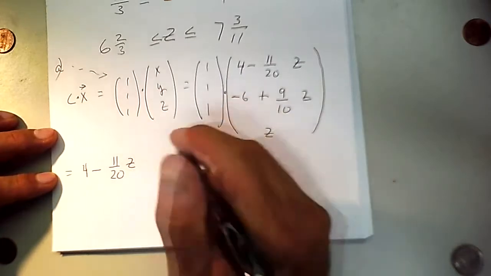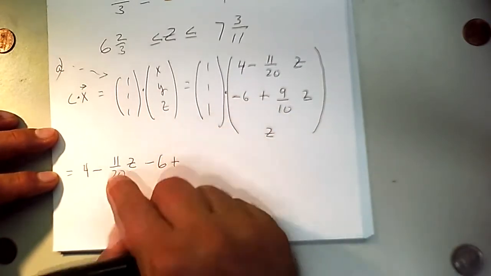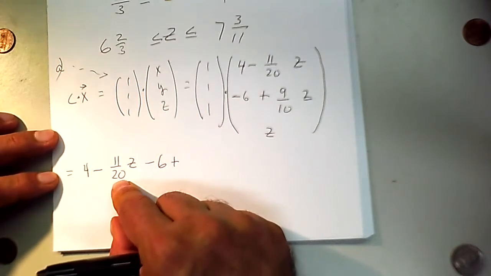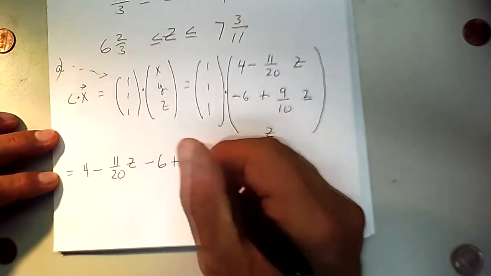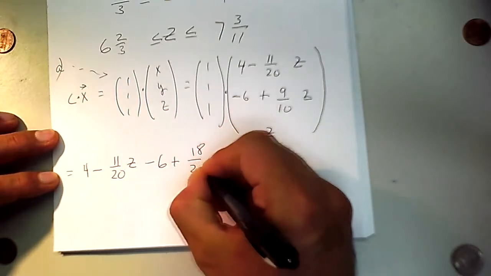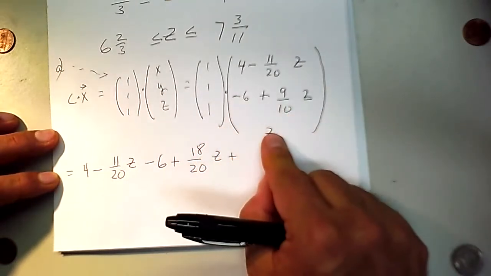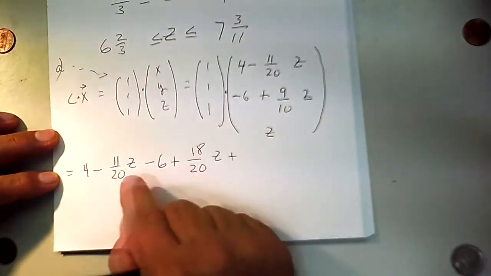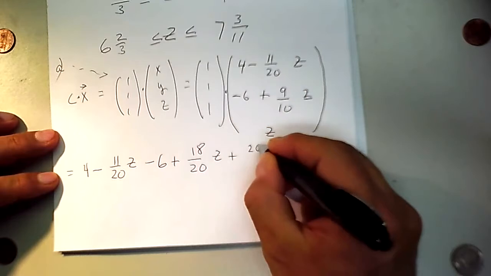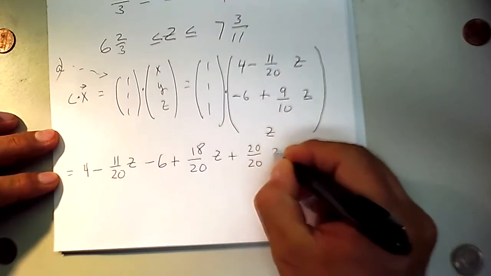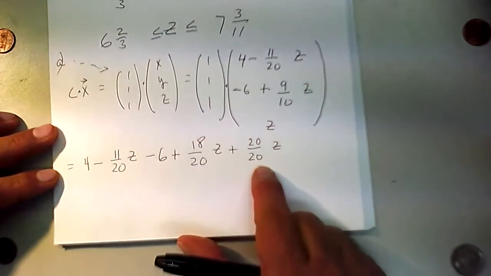Well, we're going to add negative 6 plus 9 over 10 Z, anticipating we're going to add those two fractions. I'm going to turn that into 18 over 20 Z, plus a single Z. Again, anticipating we're going to combine the Z's together, we're going to add 20 over 20 Z. So all of these Z terms have the same common denominator, 20.